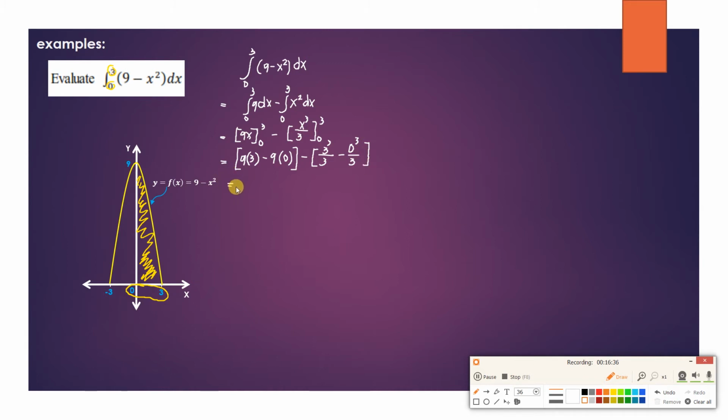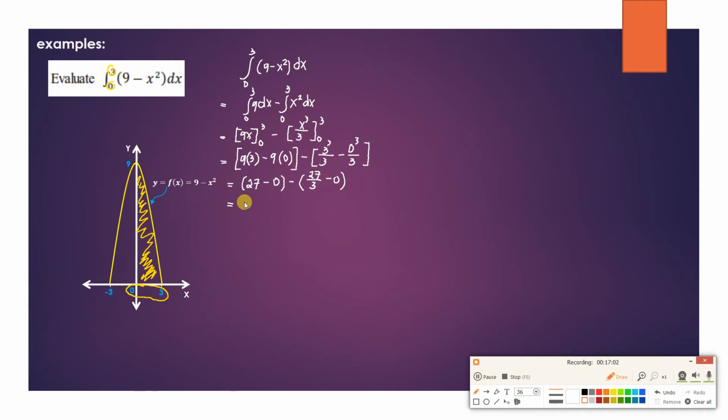So, we have 9 times 3, 27. 9 times 0 is 0. Okay, so 3 raised to 3, 3 times 3, 9 times 3, the same as 27 over 3. Tapos, ang mangyayari is 0 raised to 3 over 3 is 0.